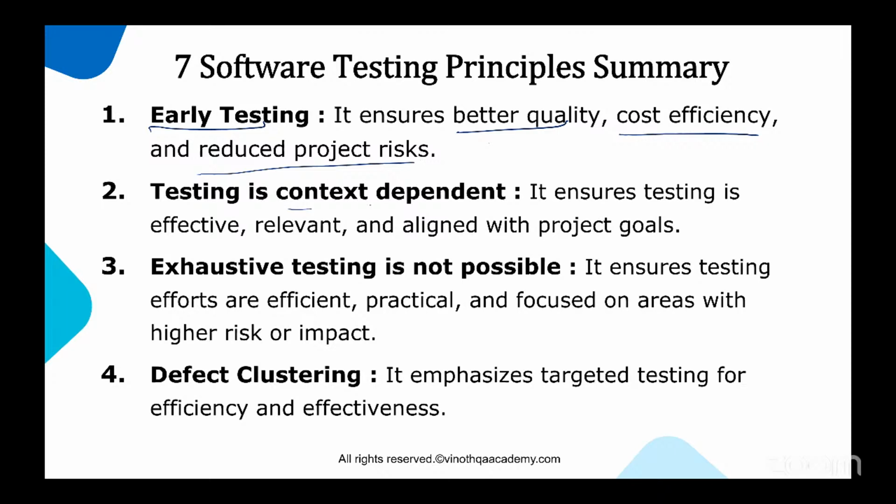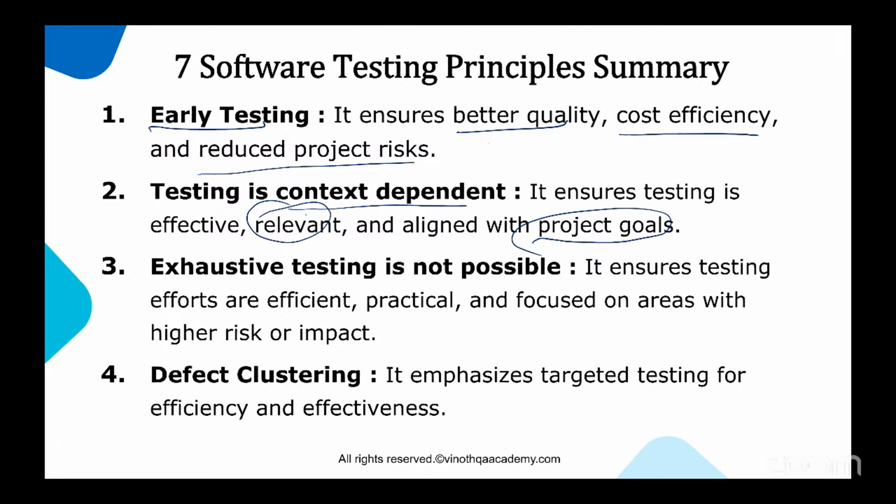And context dependent testing ensures it is relevant, effective, and aligned with project goals, nothing but domain specific. We have to make sure that for this domain, this is how we are targeting. Effective and relevant means relevant to the domain, all the test cases, project goals, everything. Exhaustive testing: why are we doing this?